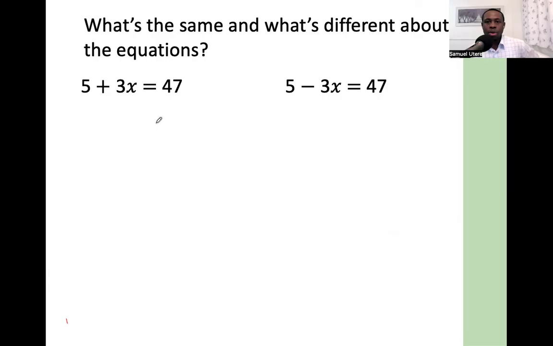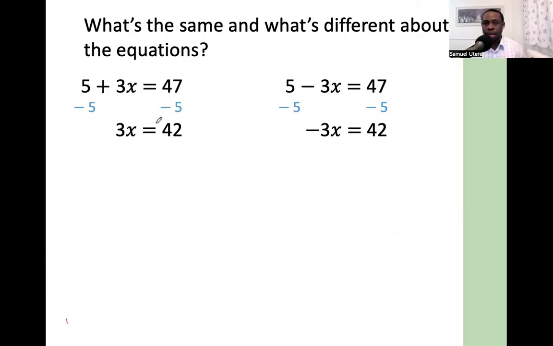So what we do know is that we can subtract 5 from both sides. So we get rid of the constant first. Next step, we can have 3x equal to 42, and the other one will be negative 3x equal to 42. The next thing is to use the same principle.